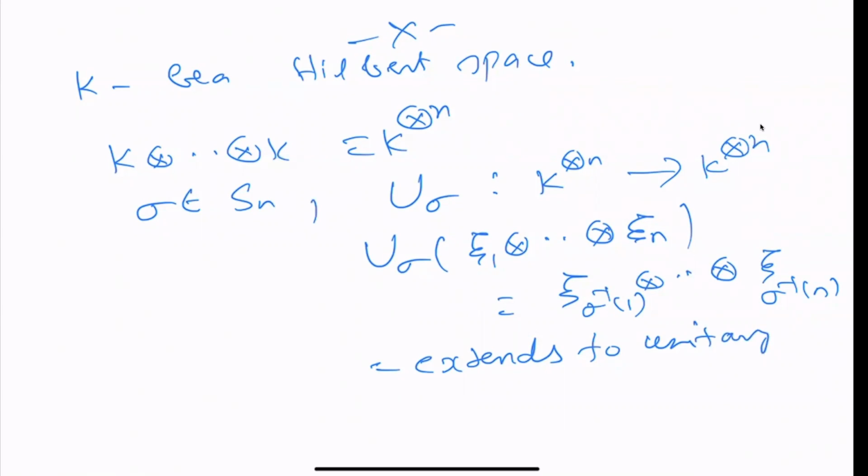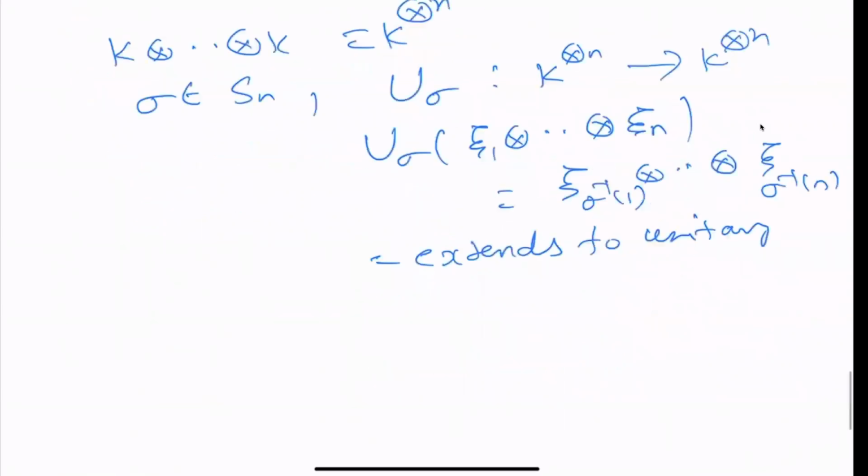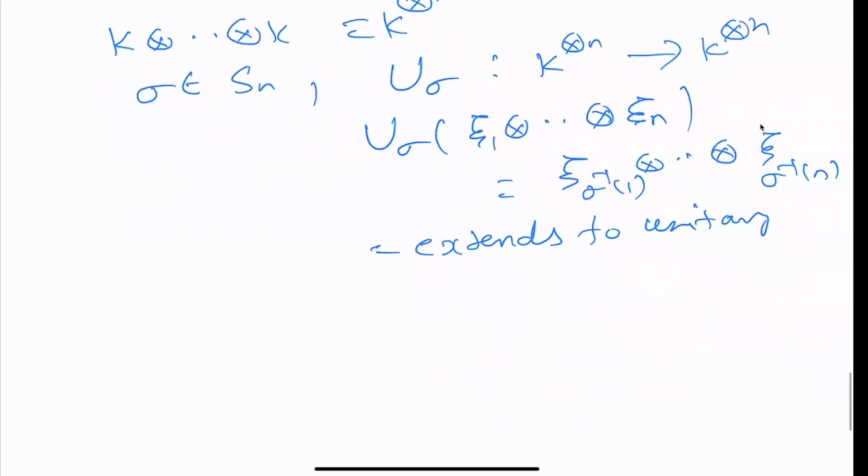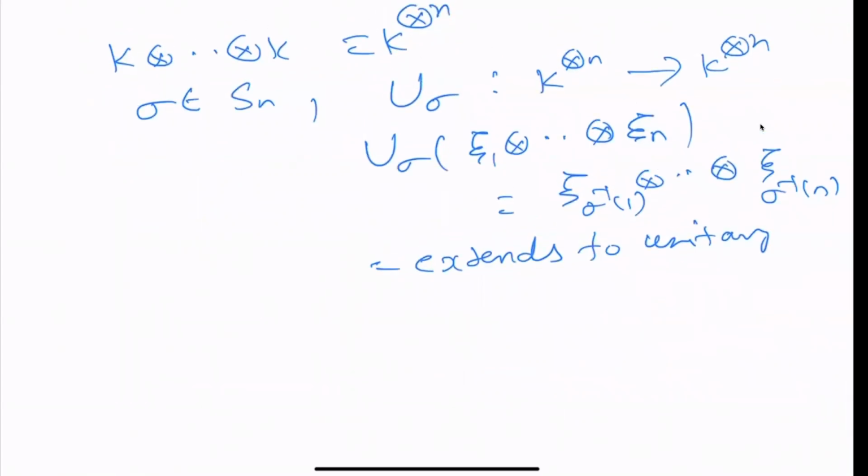The nice thing about a unitary operator is that if you define it on a set which spans the whole space, such a set is called total. If you take the span and its closure, and it is everything, that is called a total set. If an operator preserves the inner product on a total set, then it can be extended to the whole space.